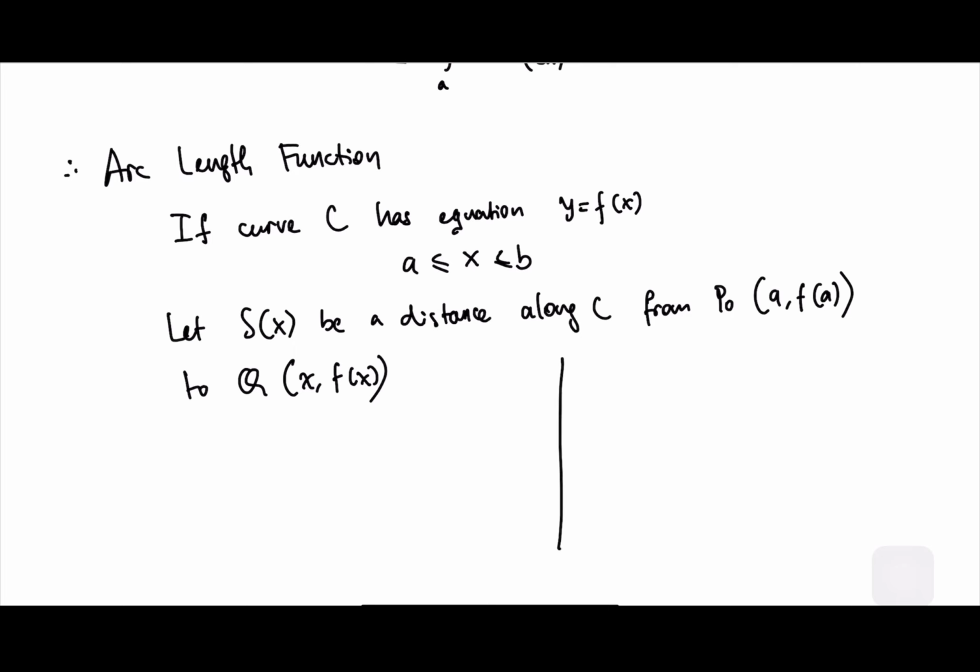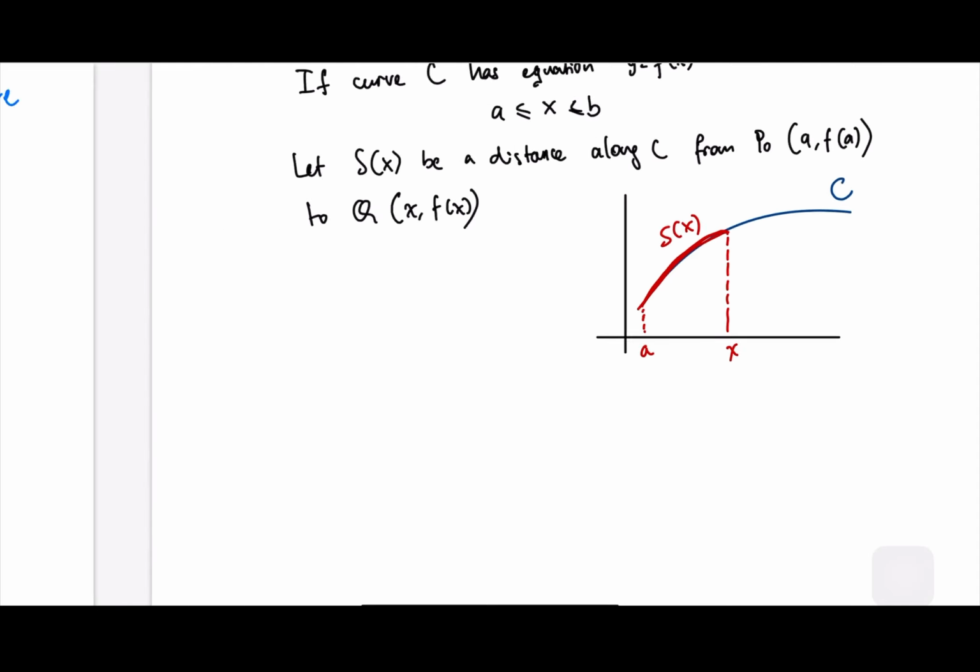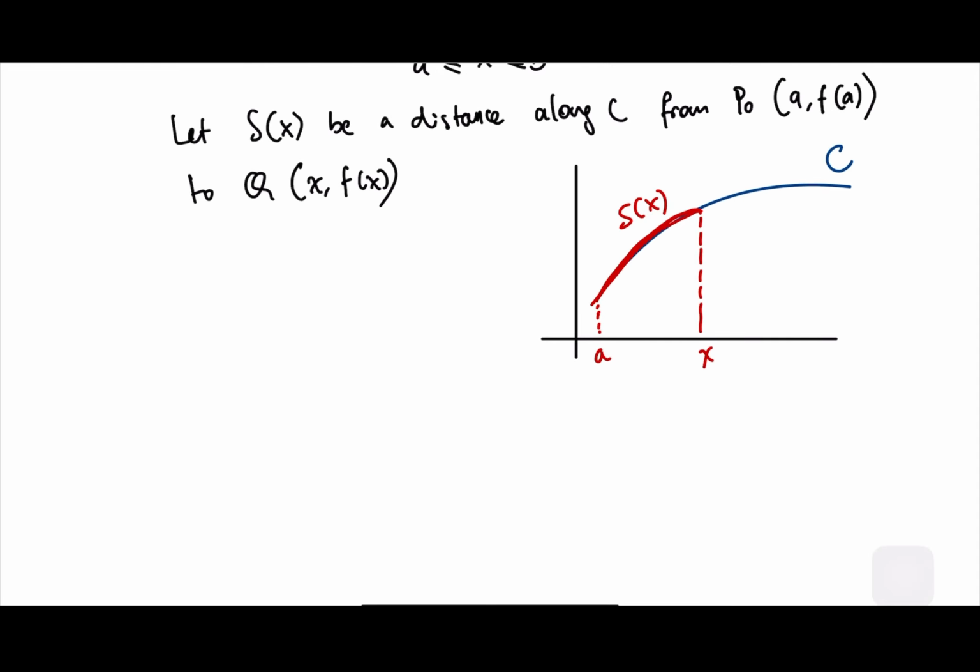So this is what we are having. Let's say this is a curve C, and this is a, and let's say this is x. We call this segment of C s of x, so just one segment. We are going to define our arc length as a function.